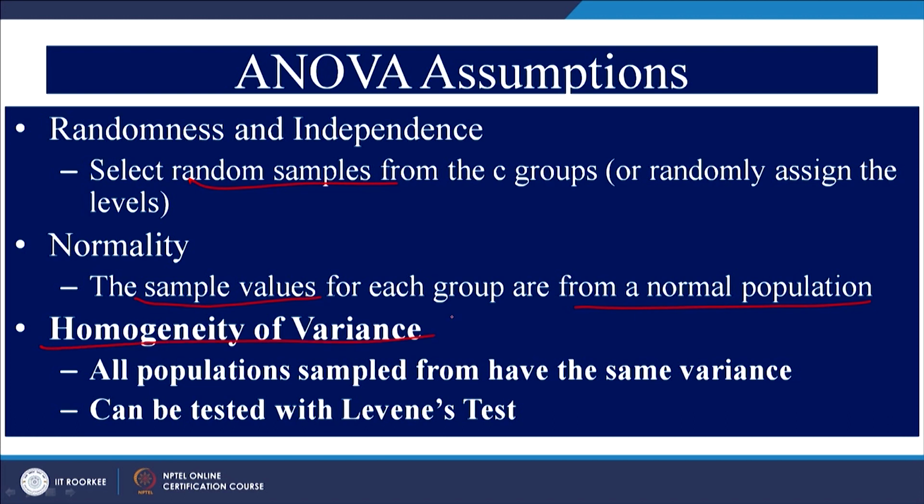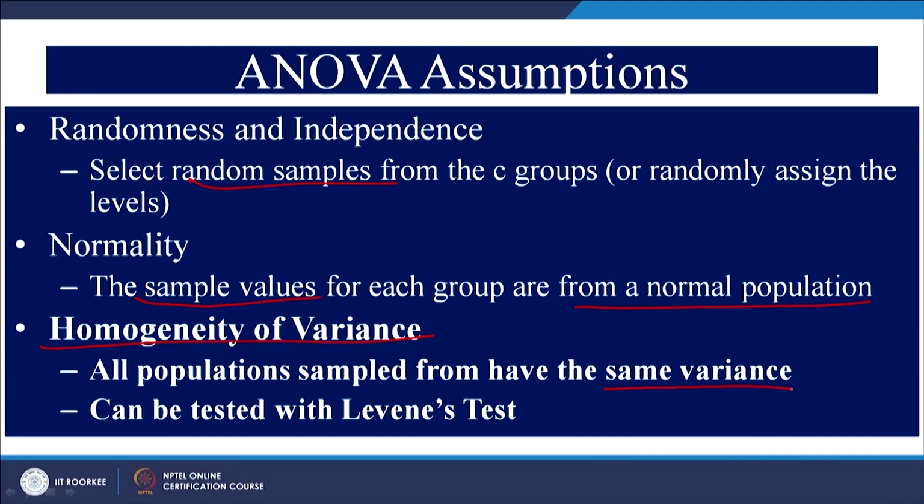The variance of the populations from where we are selecting samples should be the same. So, there should not be any difference amongst variances of different populations. All the populations will have the same variance, and it can be tested using a test called Levene's test.